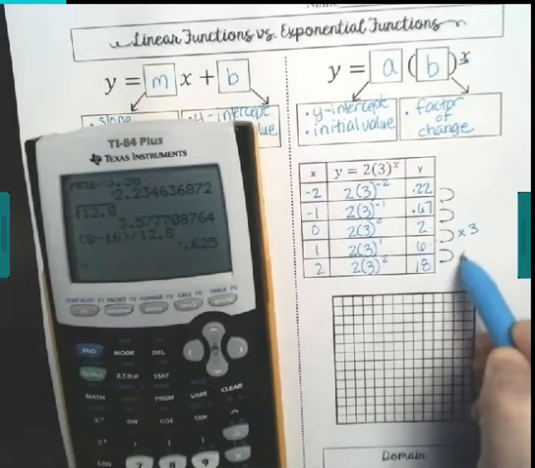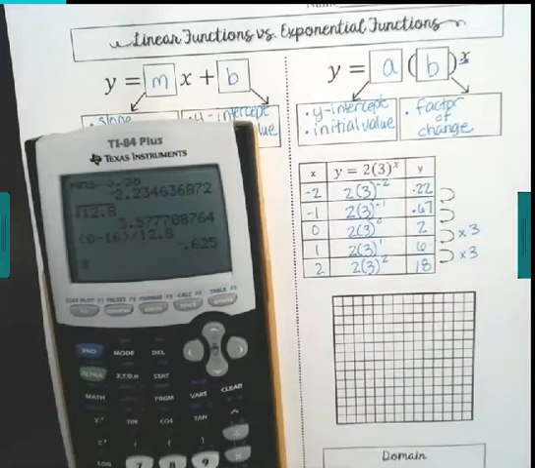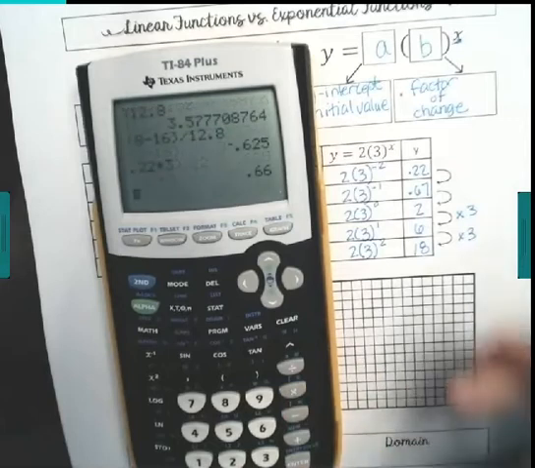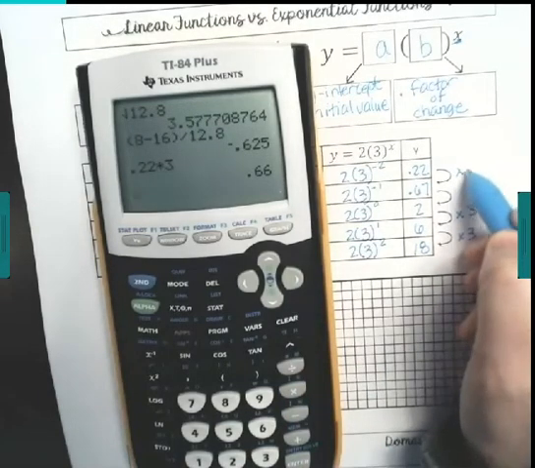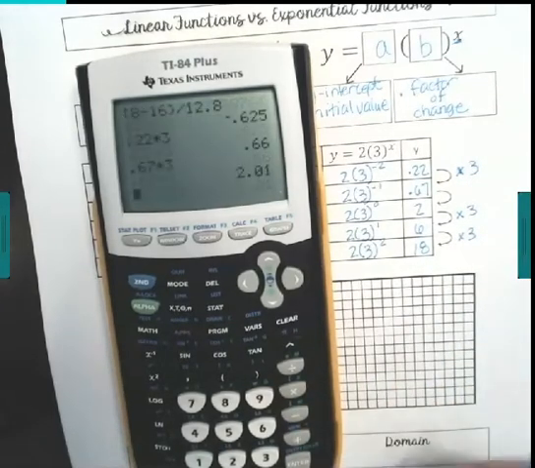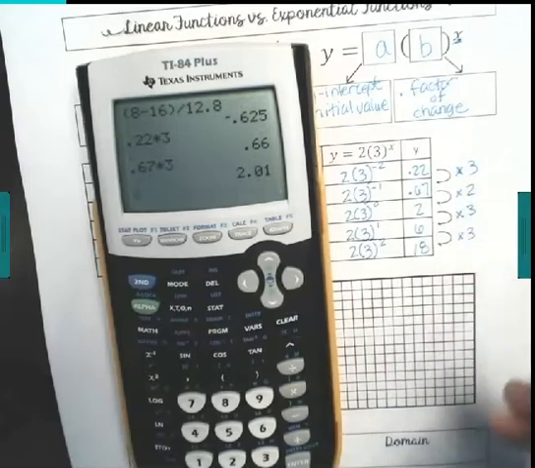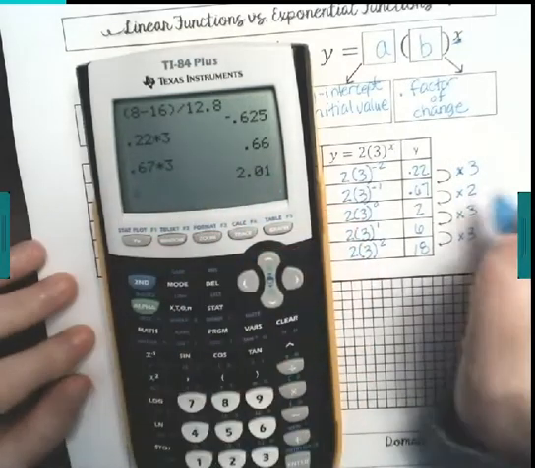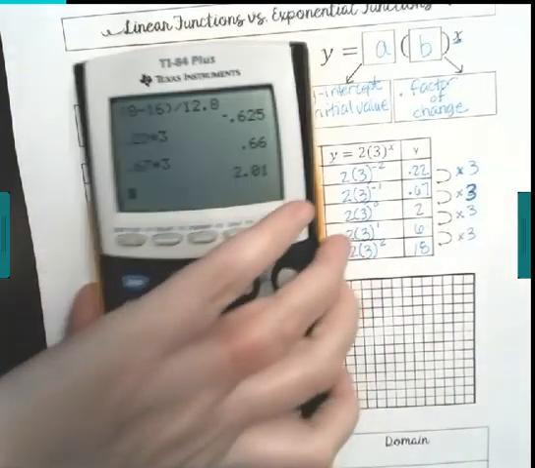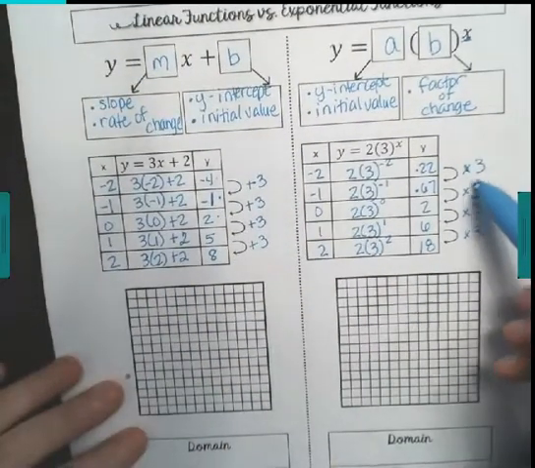And from here to here, I multiply by 3. And if I take 0.22 and multiply it by 3, I get 0.67. If I take 0.67 and I multiply it by 3, I get 2. So each one of those has a factor of change of times 3.